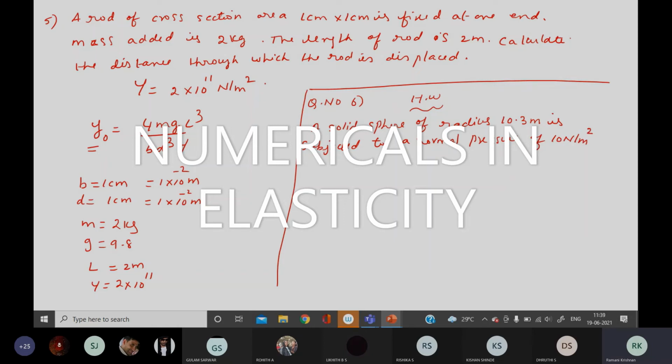You have to convert it and then add. You should do 1 centimeter as 1 into 10 power minus 2.